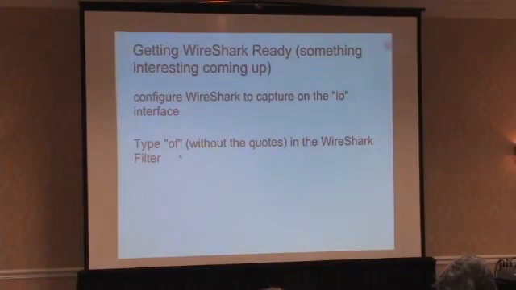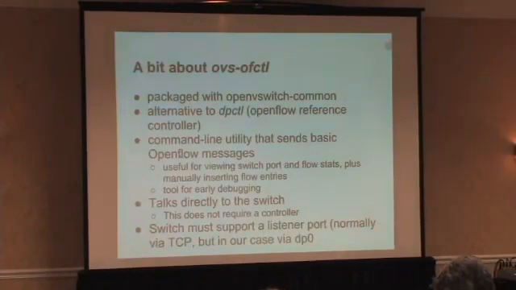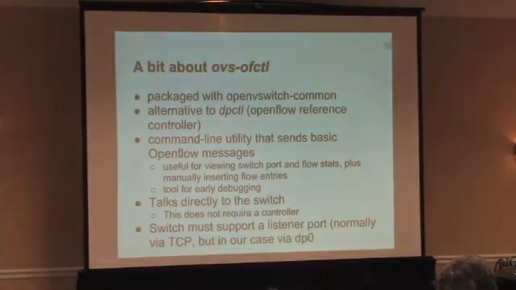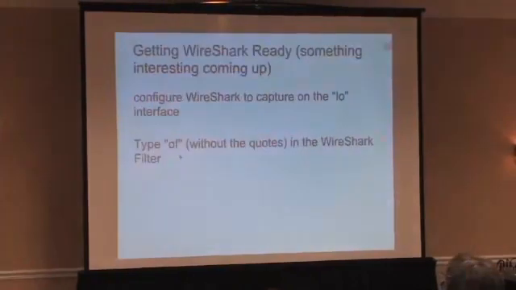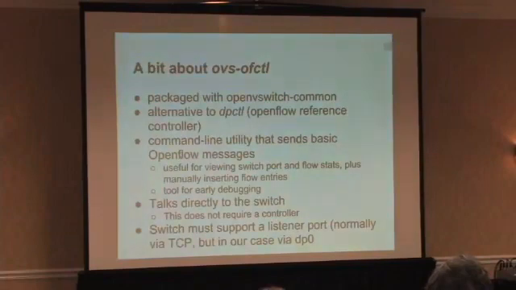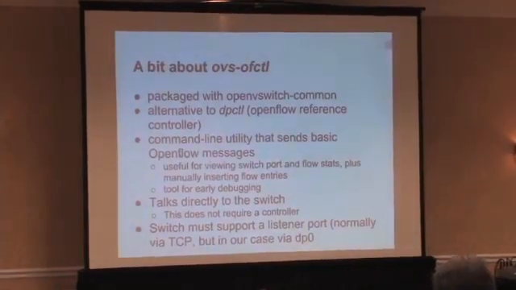Okay, one of the utilities we're going to use is something called ovs-ofctl. This is one of the set of things packaged with Open vSwitch. This command is actually useful regardless of whether you're using Open vSwitch. So if you were using a real HP switch, this is a useful command to have available. It's a command line utility that talks the OpenFlow protocol, and this would be one of the utilities someone might use to debug something.